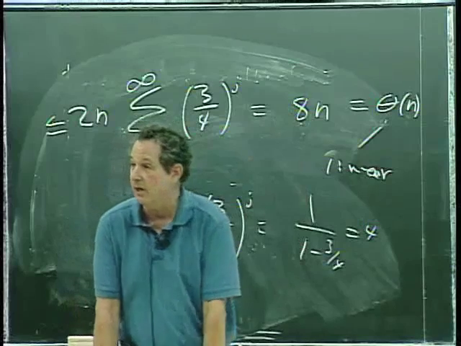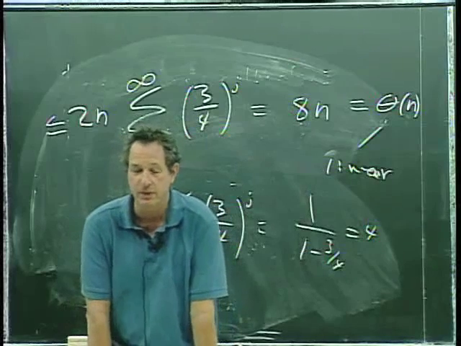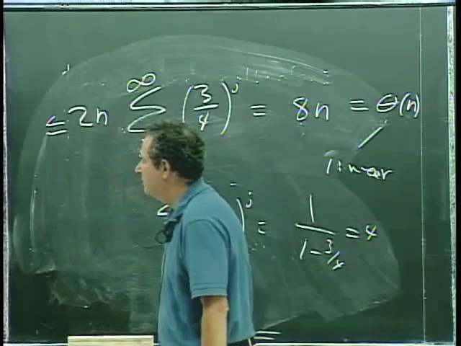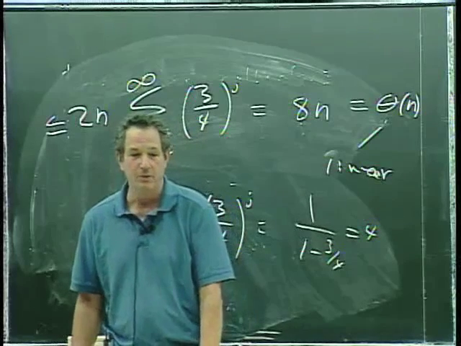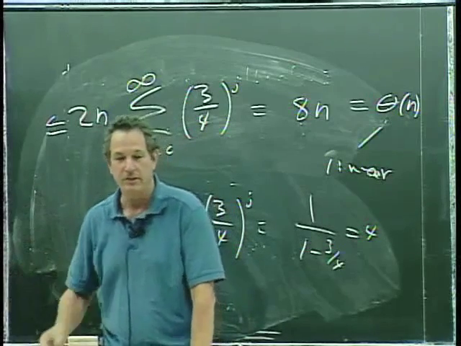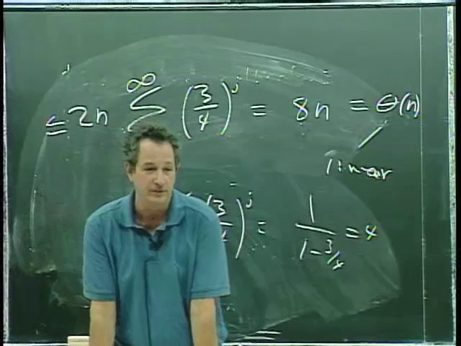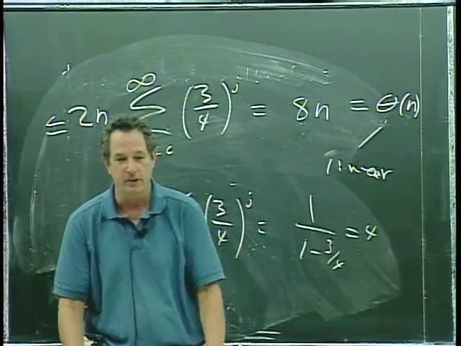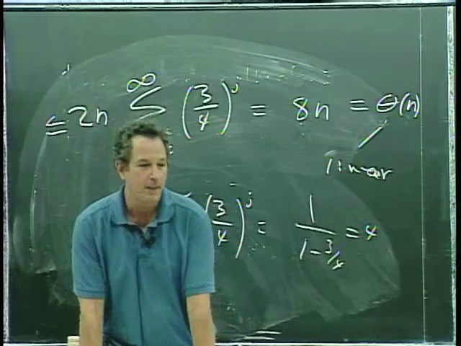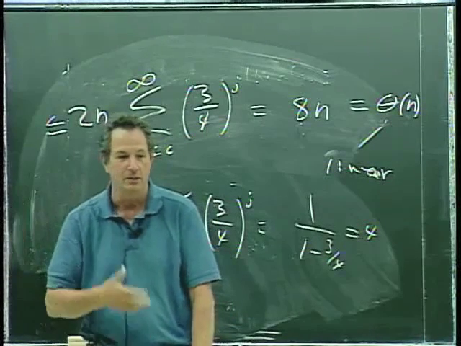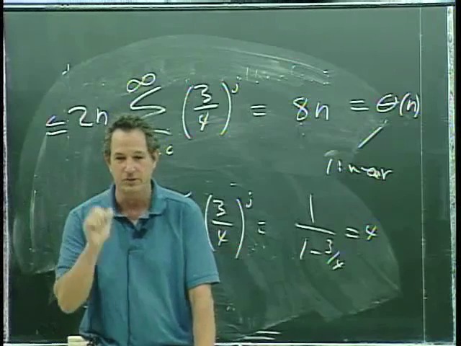Okay. We have a couple minutes left. I was planning to go on to do randomized quicksort, whose analysis is very similar to this. It's just a little technically more involved. So, but now I don't really see the point. I mean, if I could do it in one lecture, that would be great. But I don't see the point now of essentially repeating this analysis with that additional technicality.